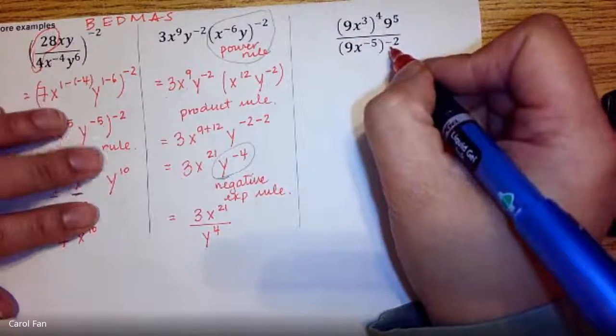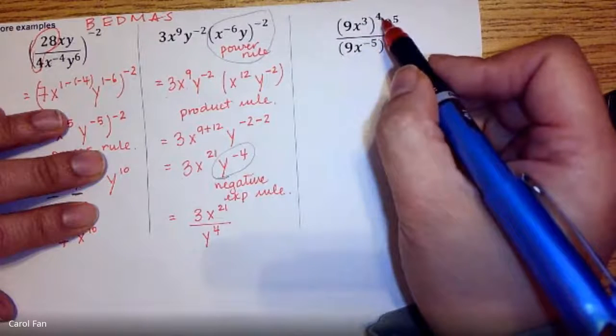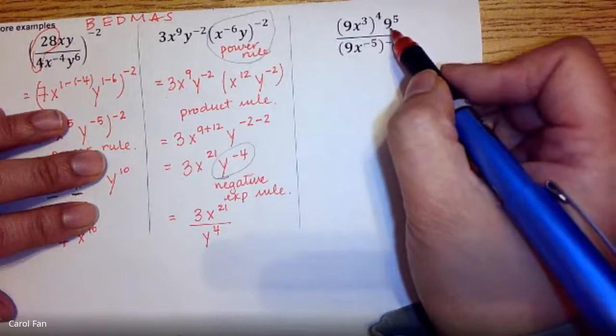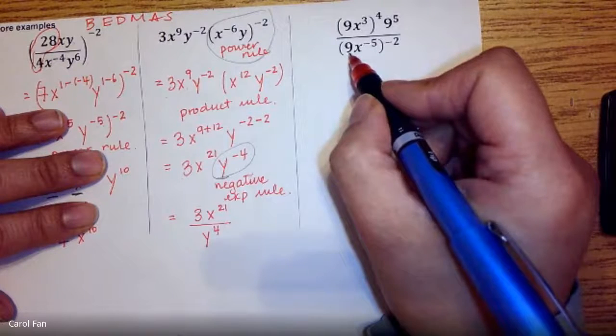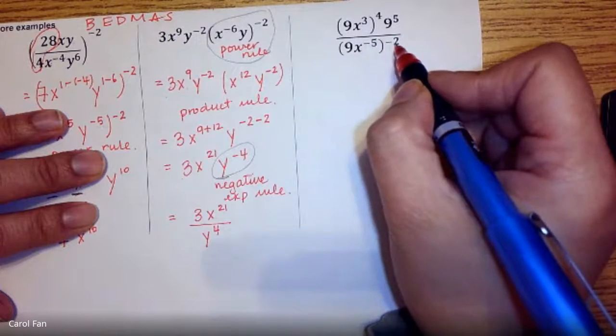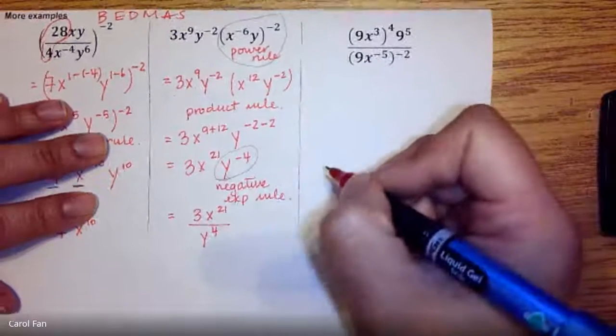Our last question, we have 9x cubed, all to the power of 4, times 9 to the power of 5, all divided by 9x to the negative 5, close bracket, to the power of negative 2.